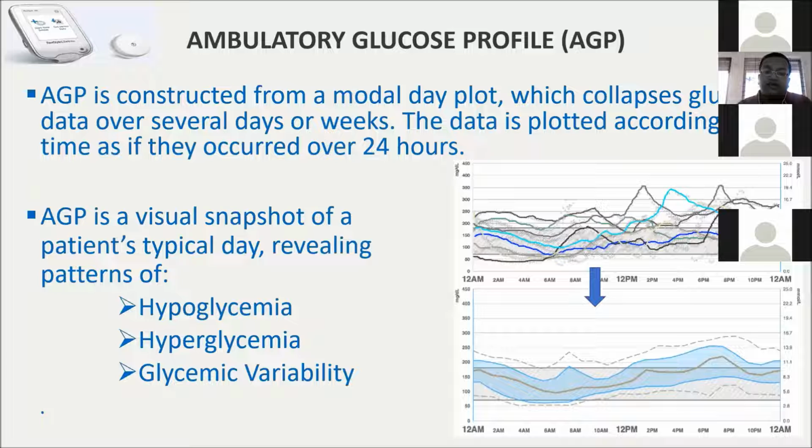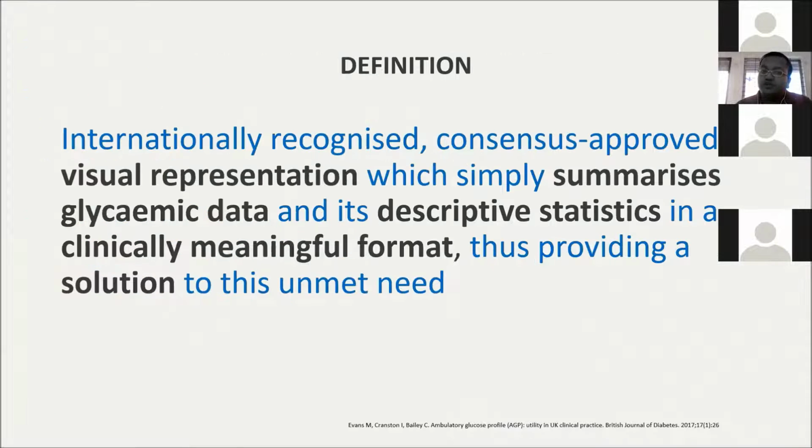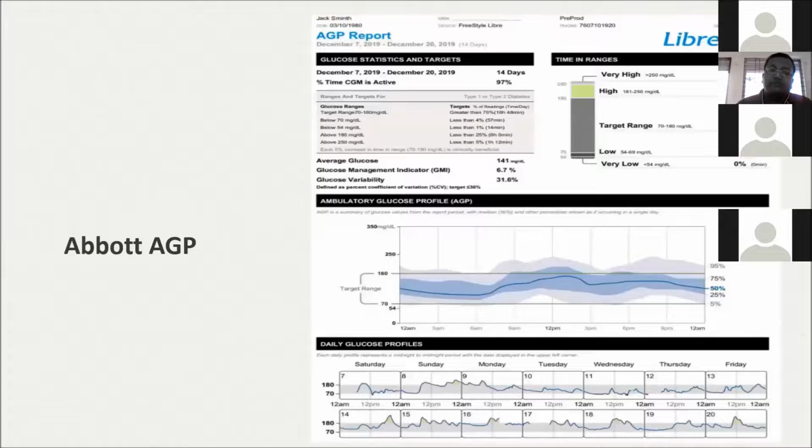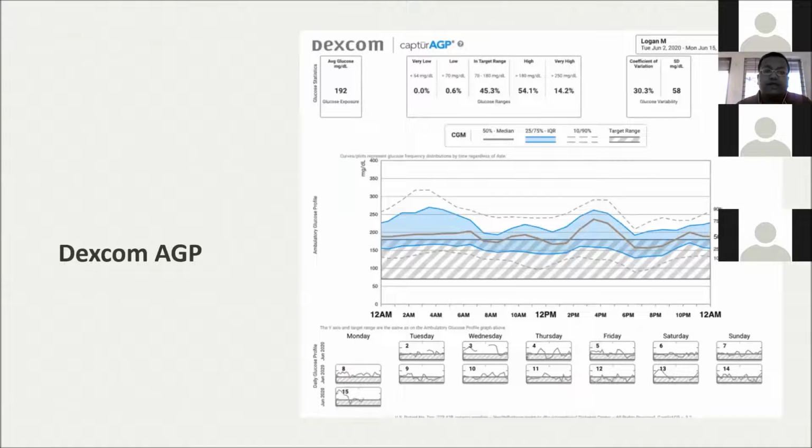So, in achieving stability without variability, an easy method which gives a visual representation, which helps to summarize the data of glucose control, and which helps the person undergoing treatment and the healthcare team to take clinical decisions easily, resulted in AGP. There are various types of AGP which have been shown in literature, from several companies: Abbott, Dexcom, and Eversense.